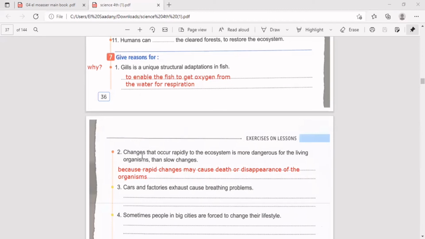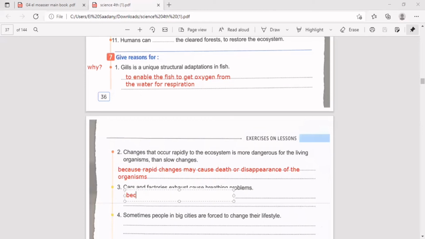Okay. Question number 3. Cars and factories exhaust cause breathing problems. Why? Or give reasons. That smoke that goes out of the cars and factories causes breathing problems. So because they are air pollutants which can cause lung damage, asthma, and heart problems.